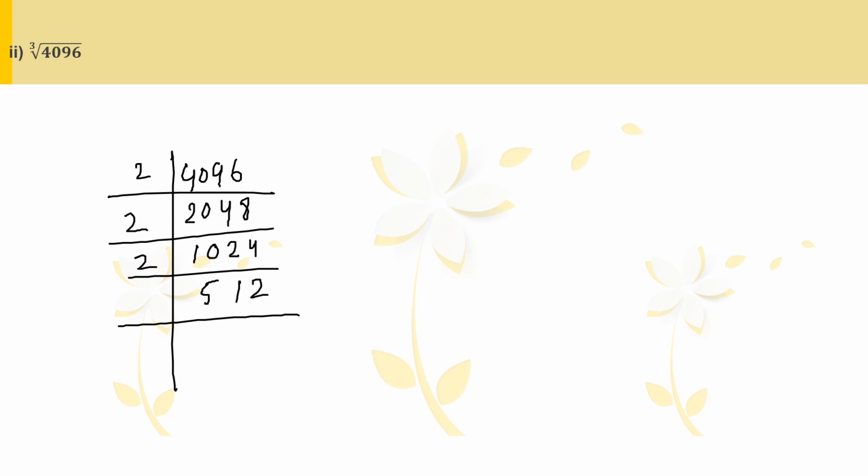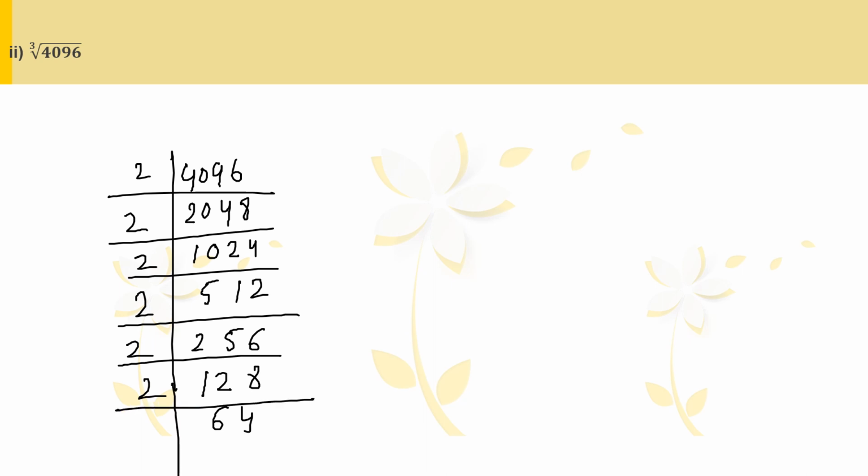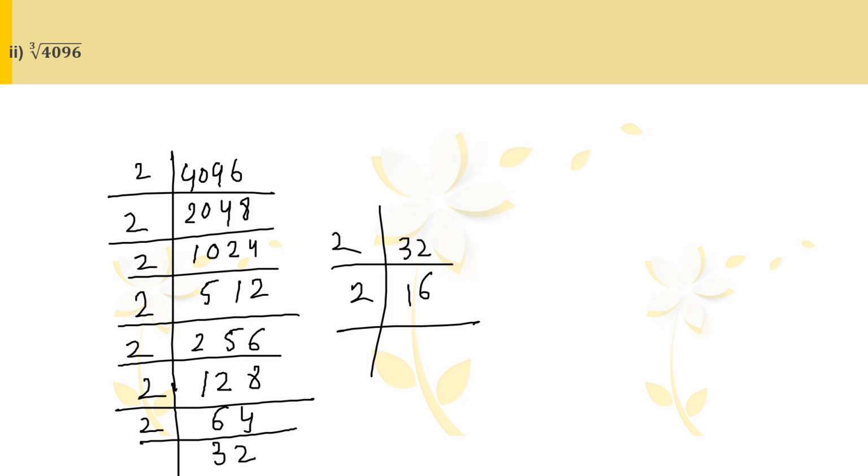And then you get 2 twos are 4, 2 fives are 10, 2 sixes are 12, 2 ones are 2, 2 twos are 4, 2 eights are 16, 2 sixes are 12, 2 fours are 8, and then you get 2 threes are 6, 2 twos are 4, and then you have 32, 2 ones are 2, 2 sixes are 12, 2 eights are 16, 2 fours are 8, 2 twos are 4, and 2 ones are 2, right?